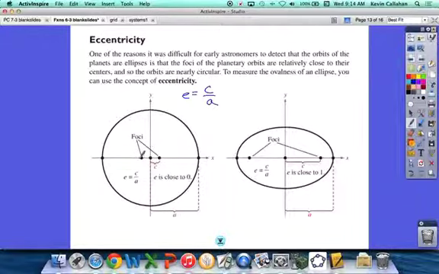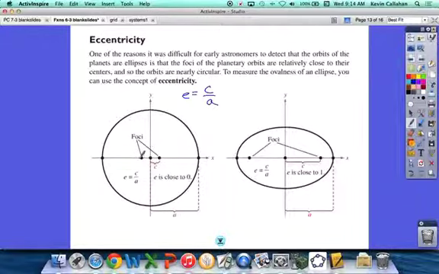And these are eccentricities of the planets going around the sun. You can see the Earth, right? This is c divided by a, like 0.0167. I mean, c is very small in comparison to the distance to the outside of the orbit. So it means that the foci are really close to the center. It's almost a circle. Which one has the most elongated shape to it?